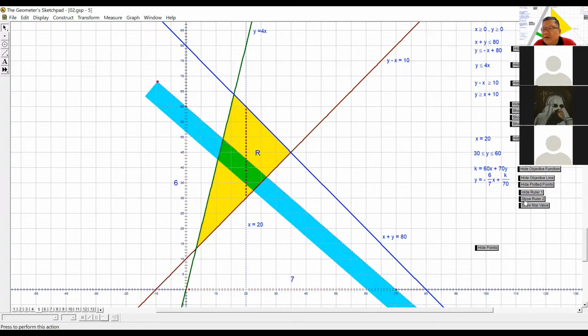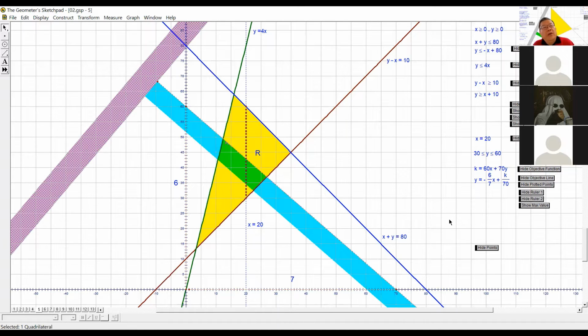The second step is to put another ruler perpendicular to the first ruler. So the gray color is the second ruler, the blue color is the first ruler.